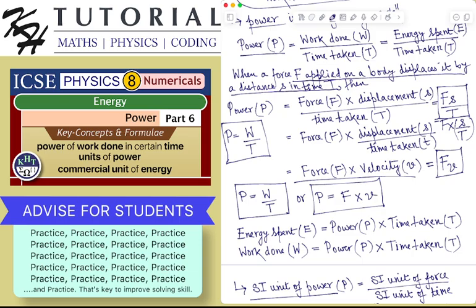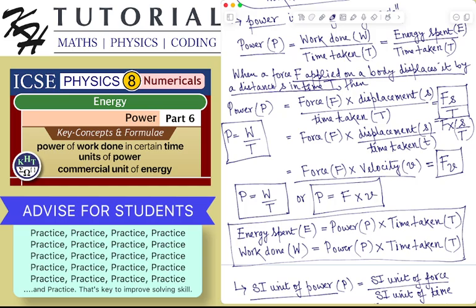So work done is equal to power multiplied by time taken, or energy spent E will also be equal to power multiplied by time taken. So these two are also some important formulas for problem solving.